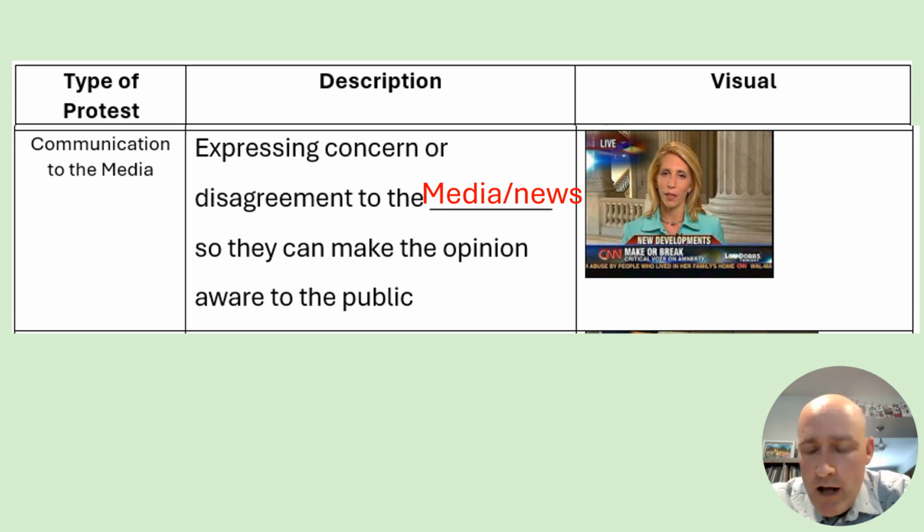Facebook or Instagram, and they make their arguments, and people in the public can weigh them and listen to them and think about them themselves. So communicating through the media is another way to protest.